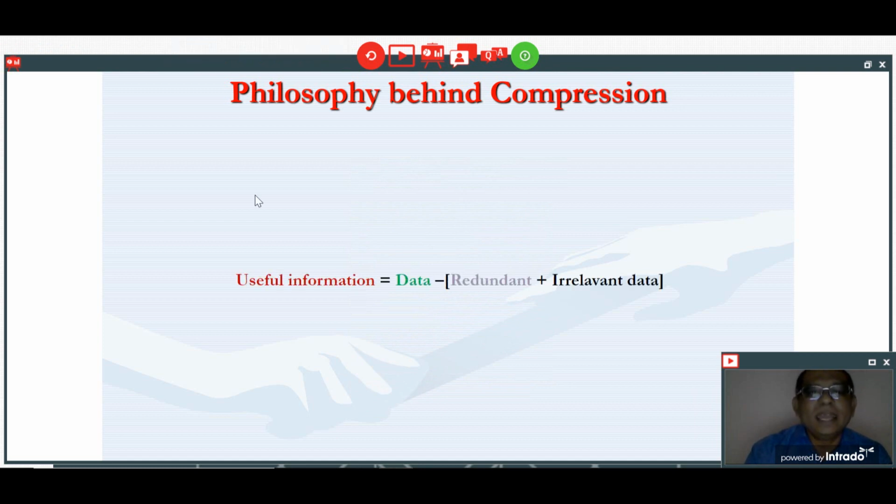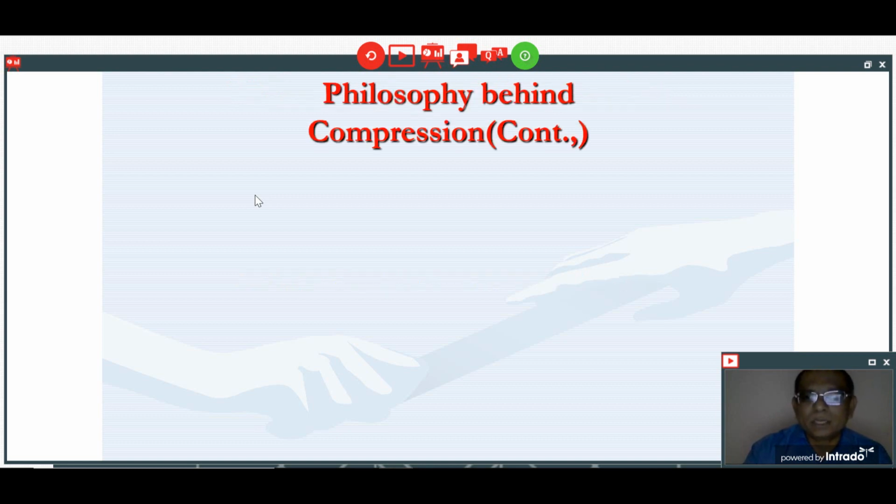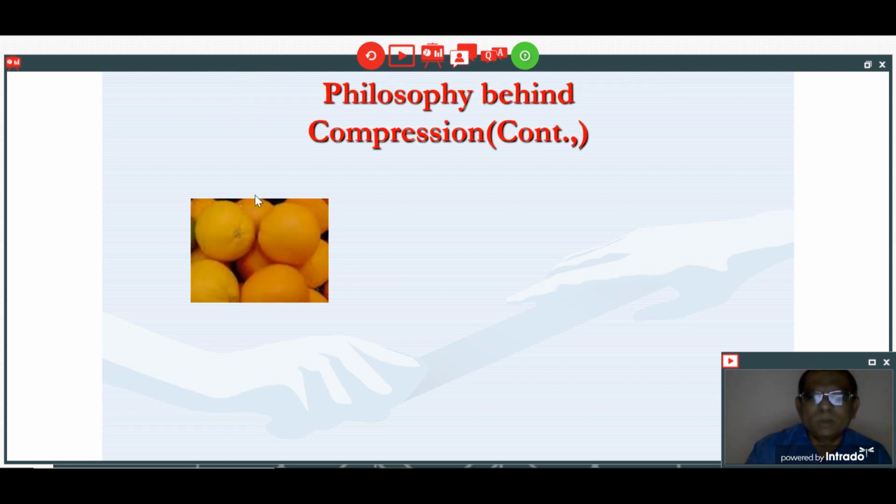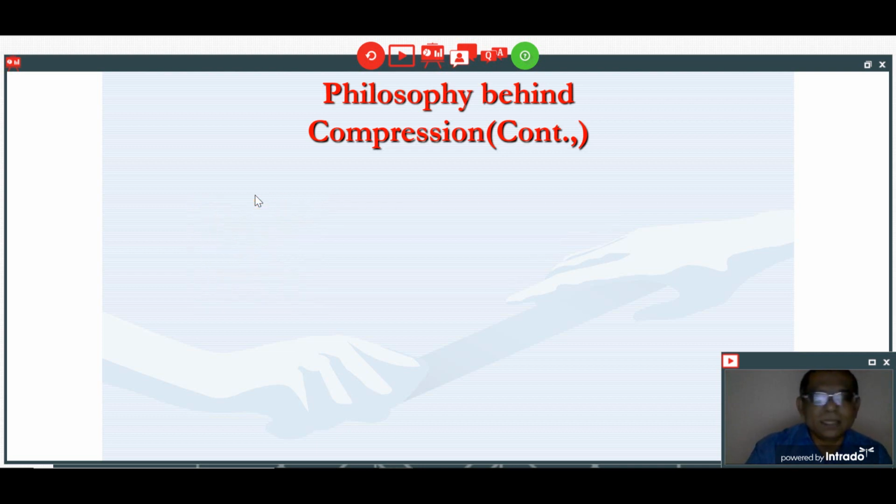Here the idea is like this. We have useful information which is equal to data, and I want to minimize these two so that I can get compression. This can be understood by a very simple example. Here we can see oranges. These oranges are difficult to transport from one place to another. Now what we do is we take the essence of the orange.